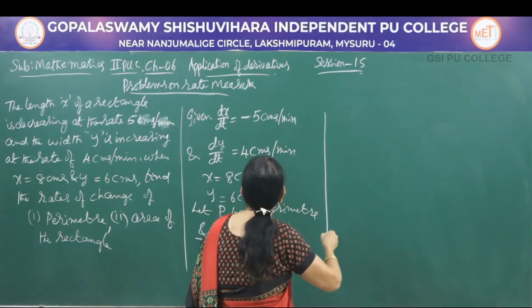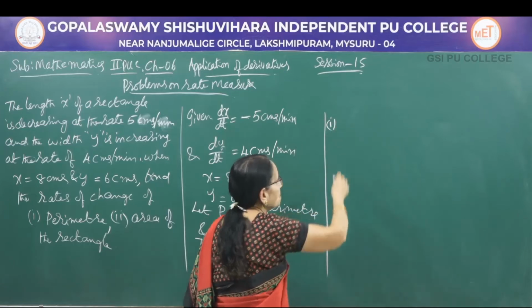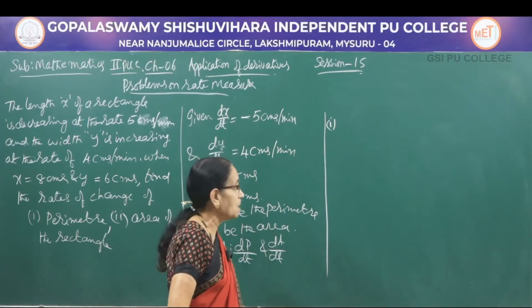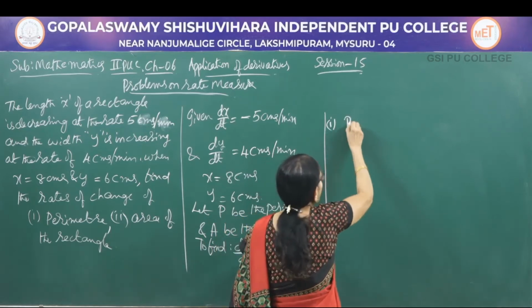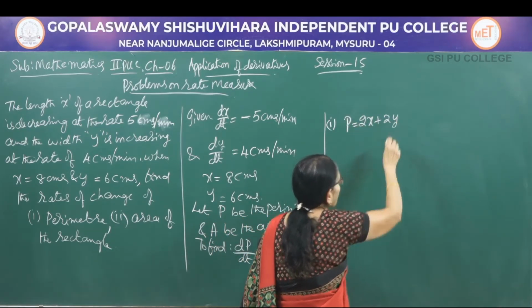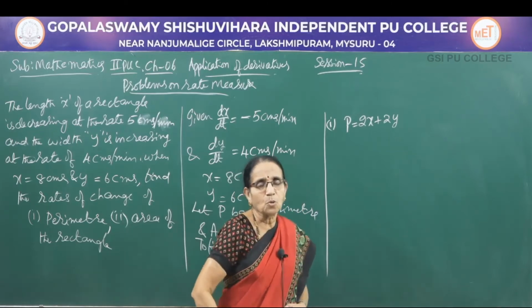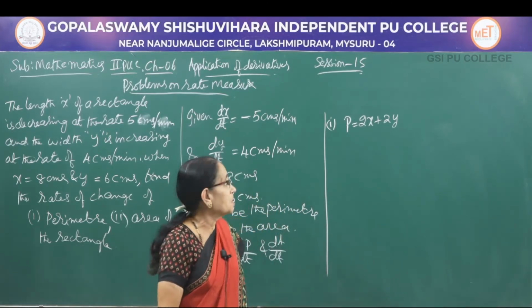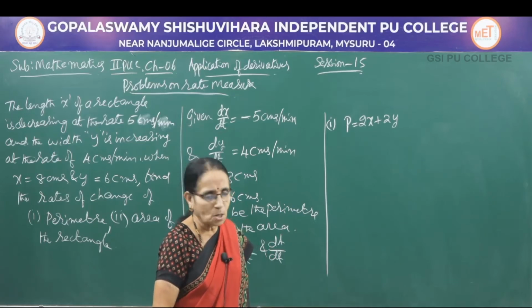The data I have already written here. First, let me consider the perimeter. As you know, perimeter we have denoted by P. Therefore, we know that the perimeter P is the sum of the sides of the geometrical figure, that is 2x plus 2y, because in a rectangle 2 lengths and 2 breadths would be there. So, it is 2x plus 2y.